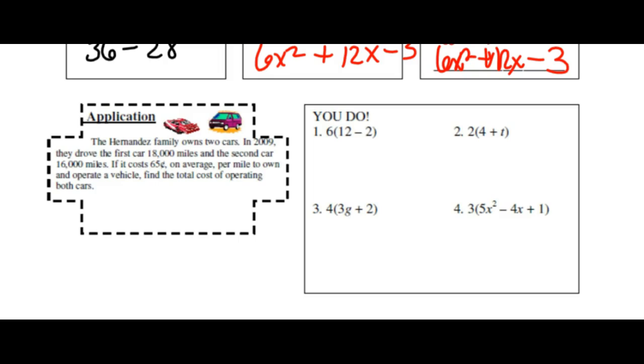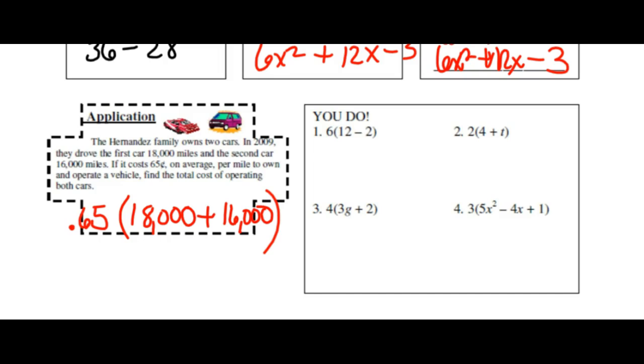So we know that we have 2 vehicles, one that went 18,000 miles and one that went 16,000 miles. And then they each cost 65 cents, that's 0.65 dollars per mile to operate.